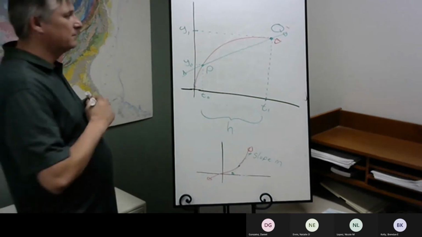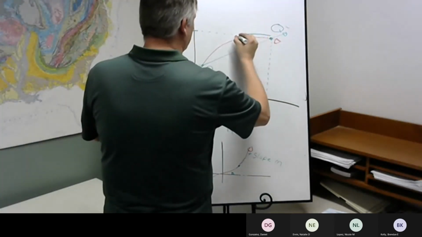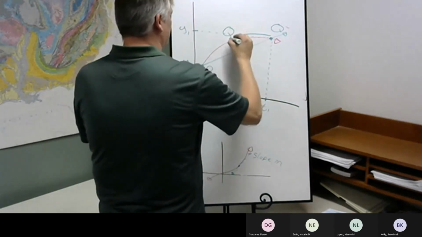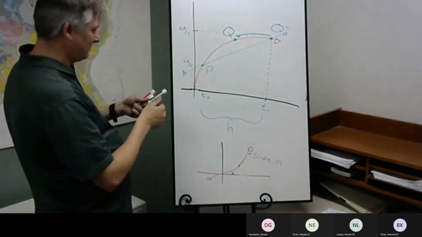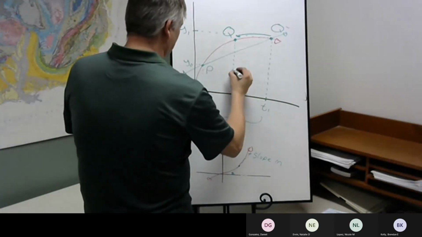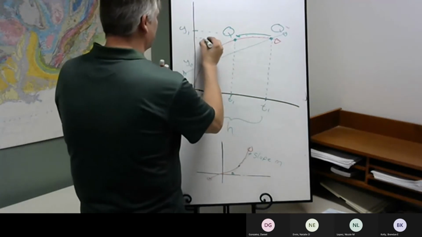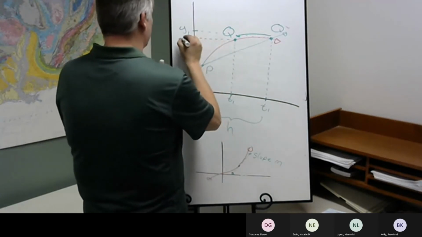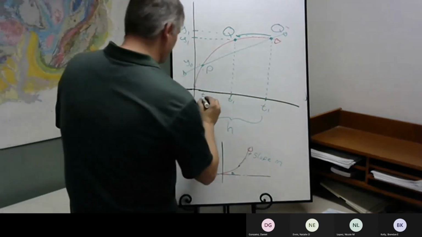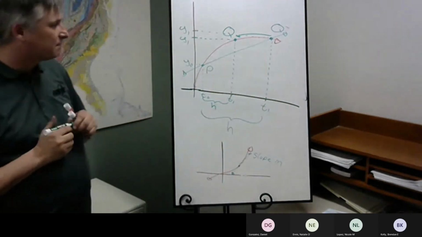But then what we're going to do, we're going to move Q over. So now, this is our T1. This is our new Y1, and that's our new h.